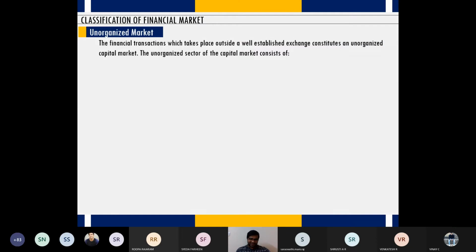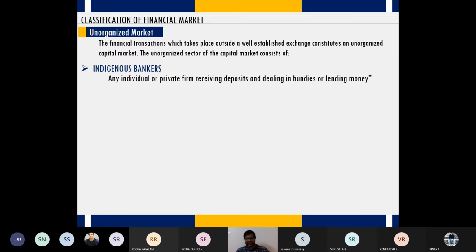But let's quickly have a glance at the unorganized financial market, because India is made up of villages and small towns. Even though you may have banks in small towns, by and large, in a village, you don't find any kind of bank. So who are the lenders there? The lenders there are individuals, also known as indigenous bankers.